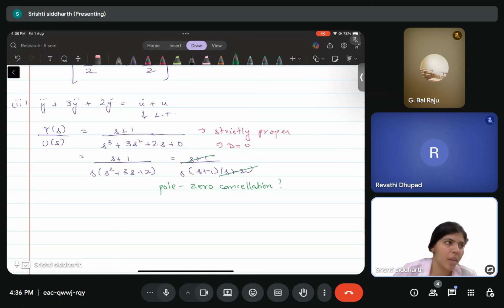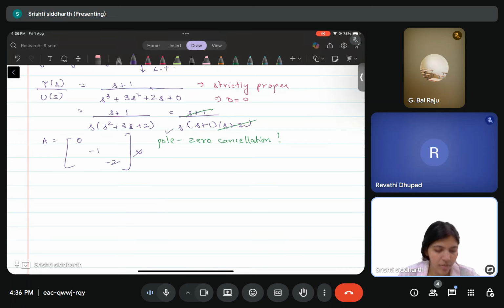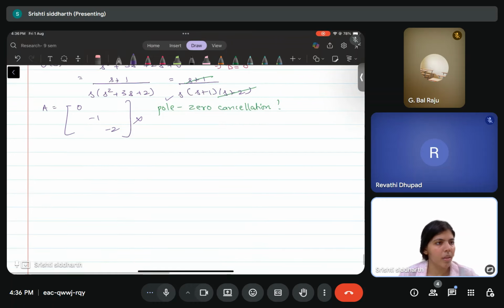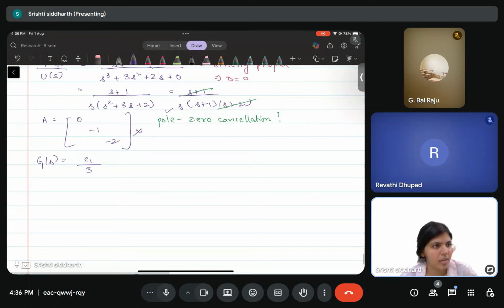Alright. So in this case, if we write A equals 0, minus 1, minus 2, this won't be correct because we actually have a second degree in the denominator. So let's see. G of s is C1 over s plus C2 over s plus 1. So A is going to be actually just 0, minus 1 in the second order system.